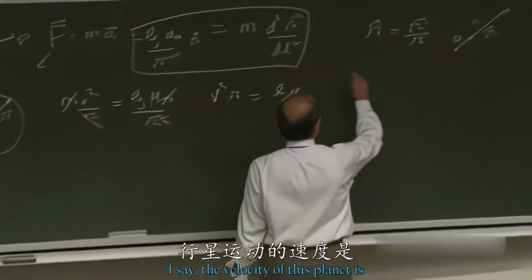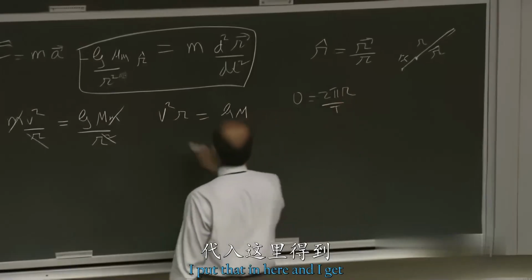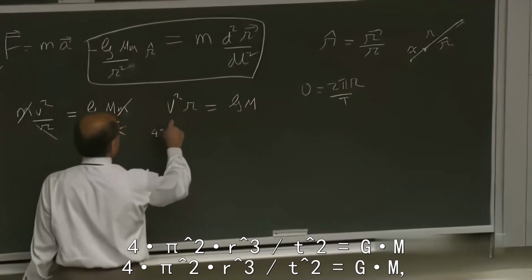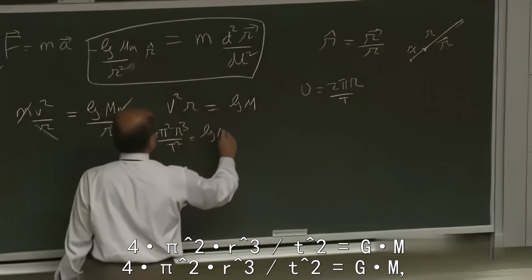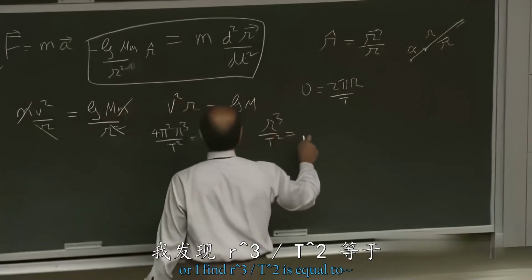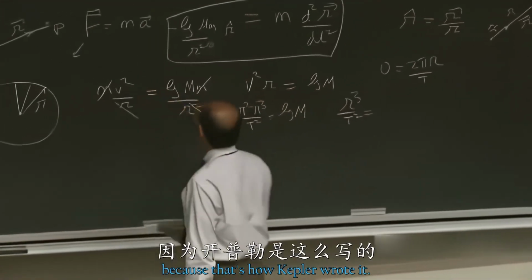I say the velocity of this planet is 2 pi r divided by the time period. I put that in here, and I get 4 pi squared r cubed over t squared is GM, or I find r cubed over t squared is equal to... let me write t squared over r cubed, because that's how Kepler wrote it.